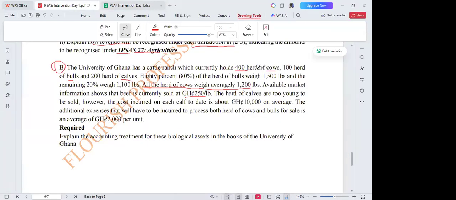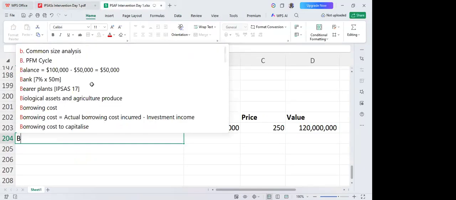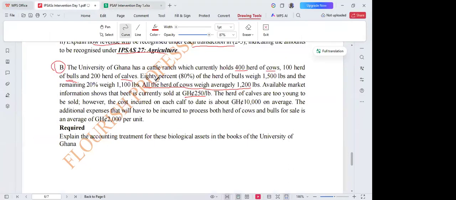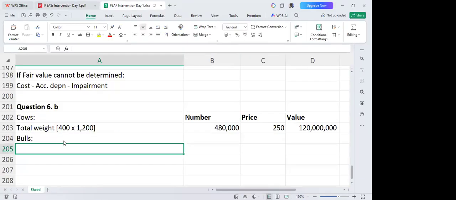Next we move to the bulls. For the bulls, they have given us two separate weights. They said 80% of the bulls weigh this, and 20% weigh that. So you have to do them separately. We'll do the 80% first.